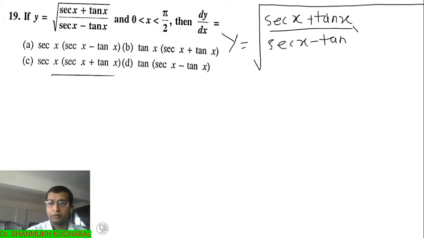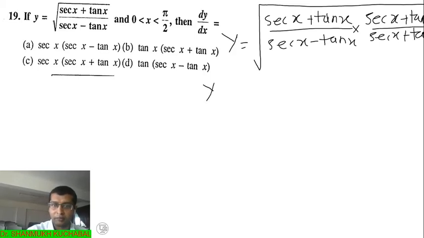We have to multiply by the denominator's conjugate, that is (sec x plus tan x) divided by (sec x plus tan x). Then we have to simplify this.